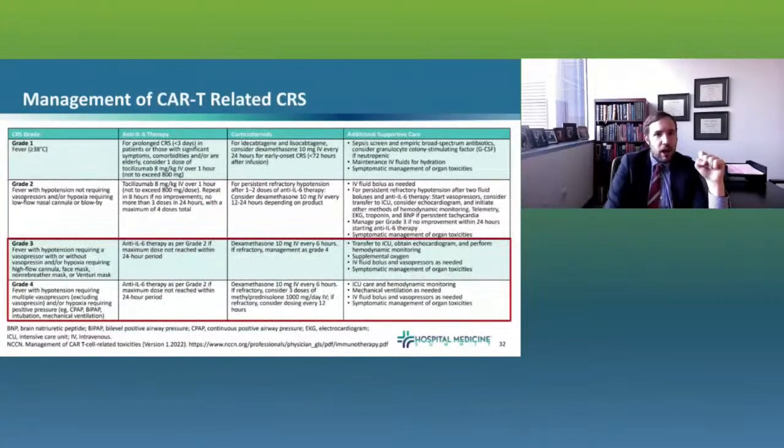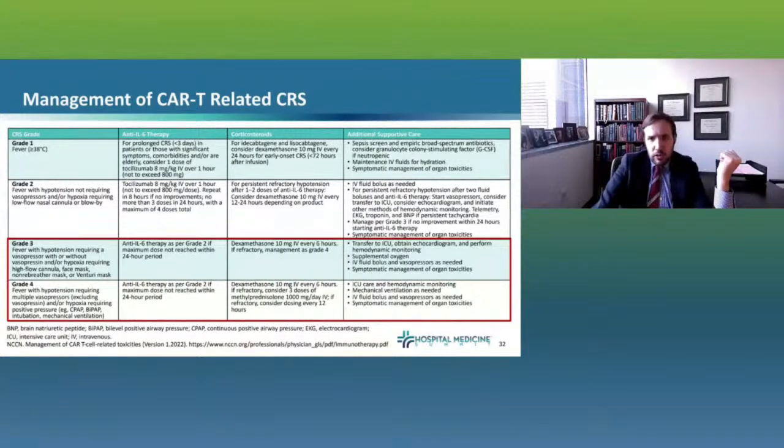That's very helpful. Here for the CAR T-related CRS, this is where the CARTOX app would really come into play. Looking at the 4 grades here, and this is standard across the board for cytokine release syndrome. Grade 1 is just a fever greater than 38 centigrade. Grade 2 is fever with low blood pressure not requiring pressors, so responsive to fluids.